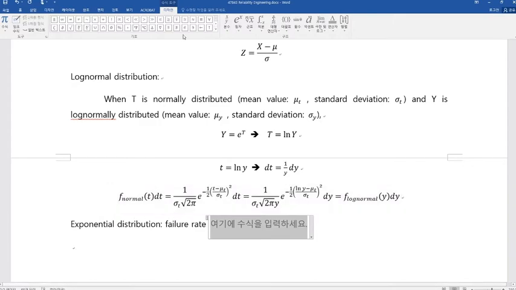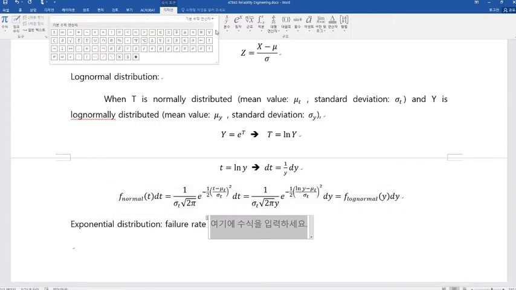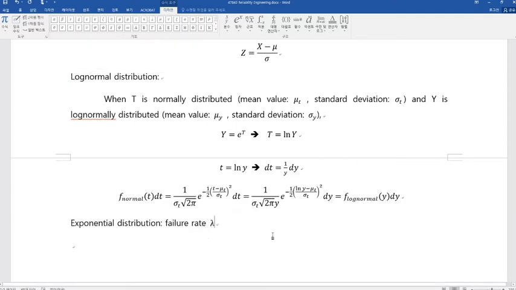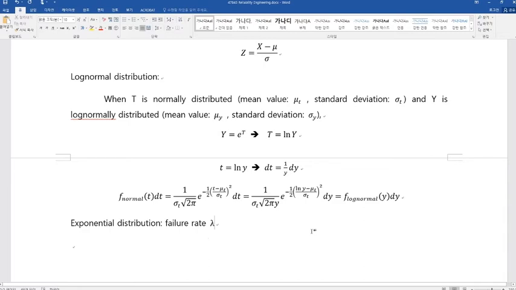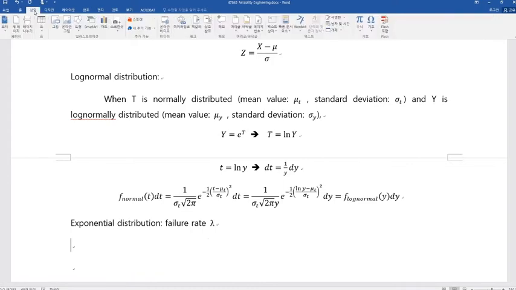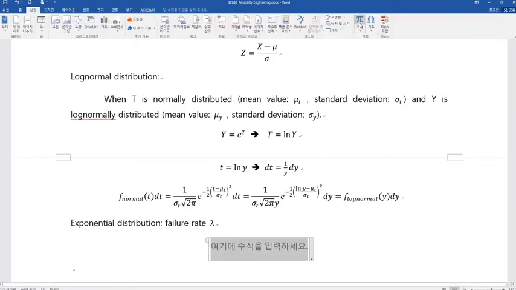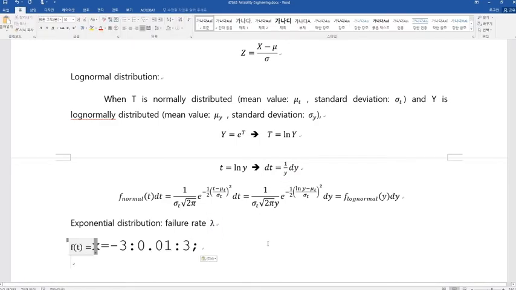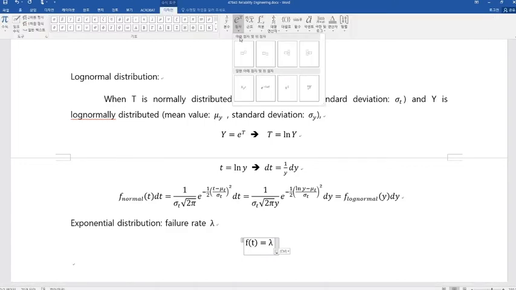So its probability density function f(t) would be lambda times exponential of minus lambda t.